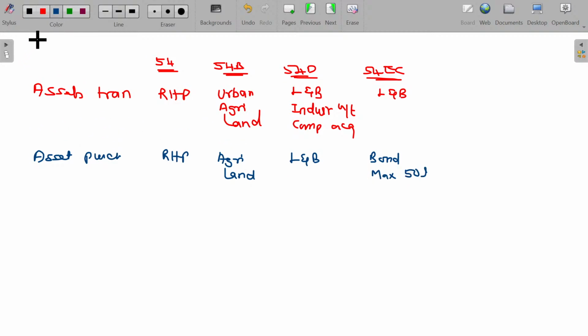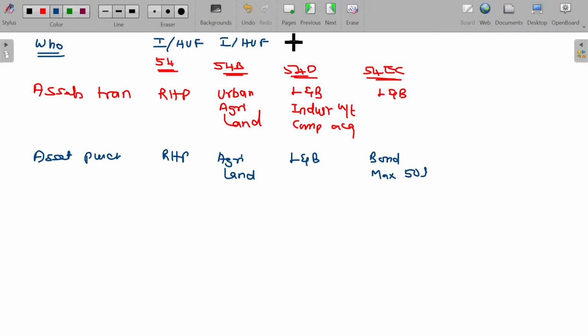And for whom will this be eligible? House property is eligible for Hindu undivided family and individual. Is that okay? Urban agri land is also eligible for individual and Hindu undivided family.